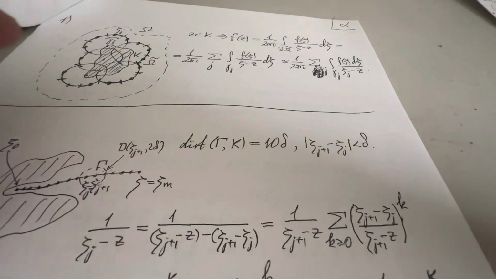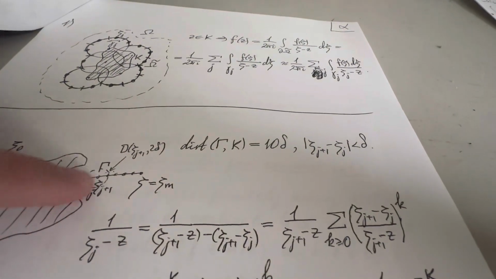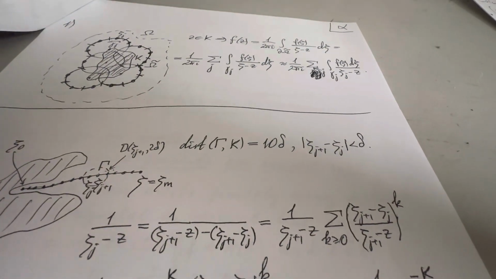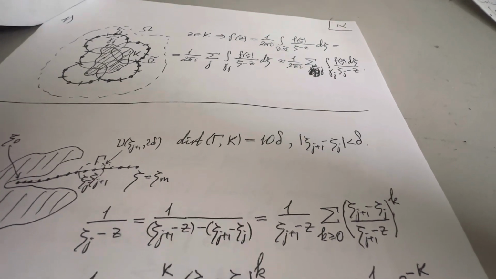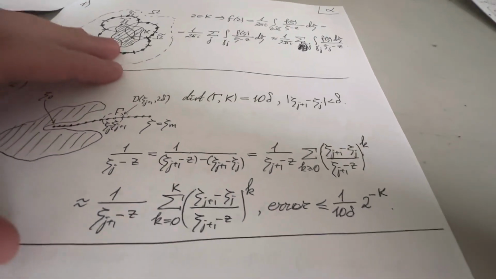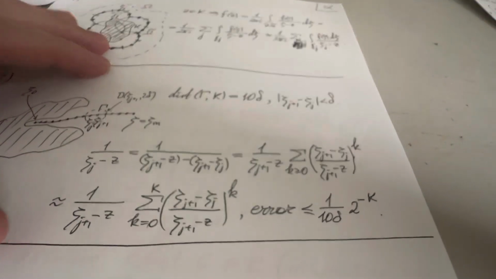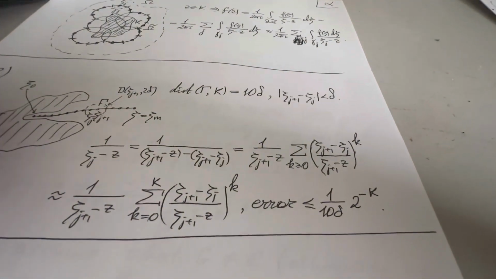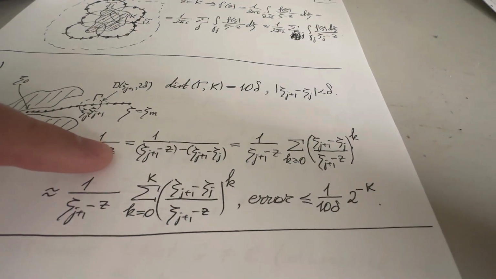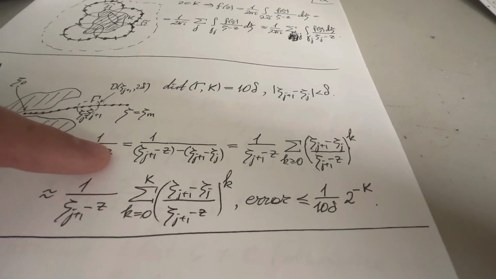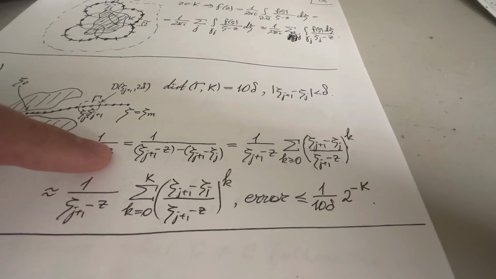And the distance between gamma and k, so gamma is the name of the line, and our compact set is equal to 10 times delta. Here's another thing, why didn't his 10 delta come into play? I'm sure it did, I just missed it. And there's the equation that he sets up, error at most 1 over 10 delta times 2 to the negative k.